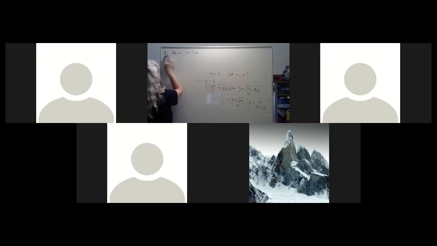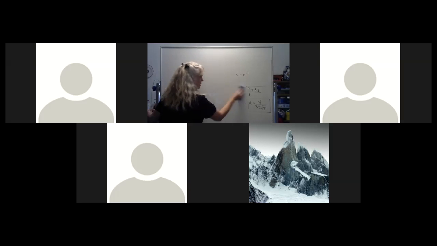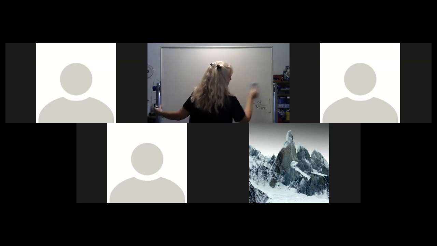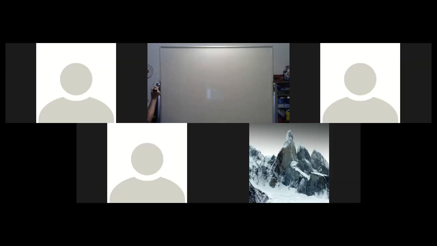Okay, we're still solving. Let's go do a couple of inequalities just to remind you of the inequality work we've already done. So again, the directions are going to say to solve.